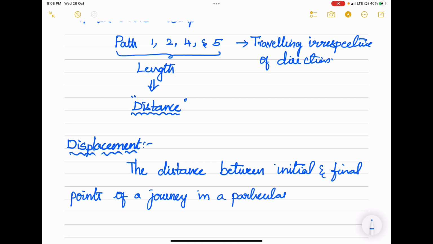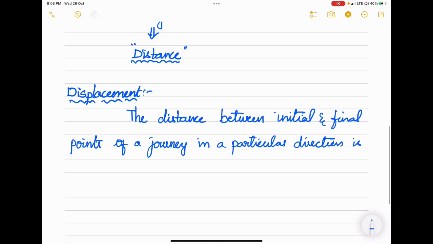So a particular direction, if you are just going to measure the distance between initial and final points, we call it as displacement. So therefore the distance between initial and final points of a journey in a particular direction is called as displacement.